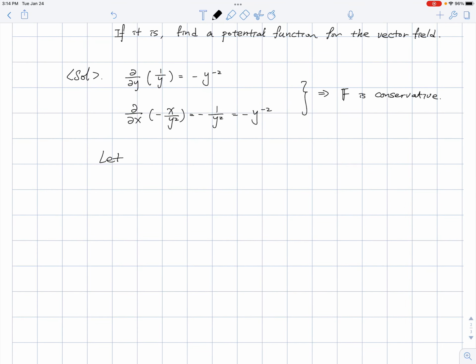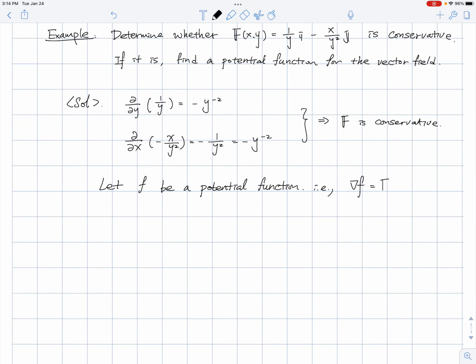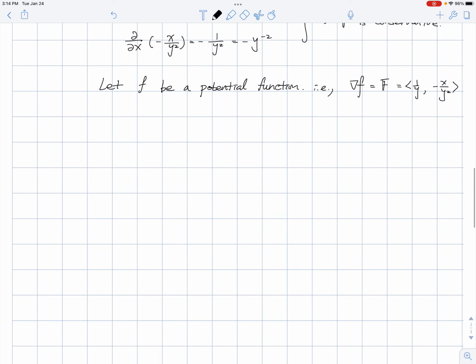All right, so let f be a potential function. What does that mean? That means gradient f is equal to the vector field (1 over y, negative x over y squared).